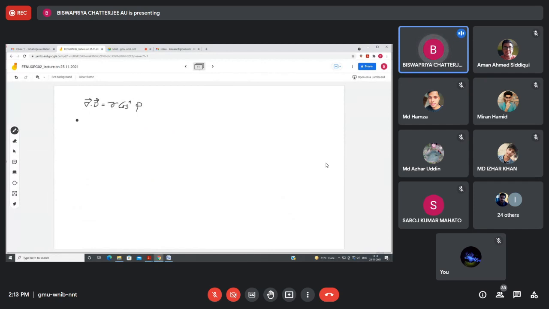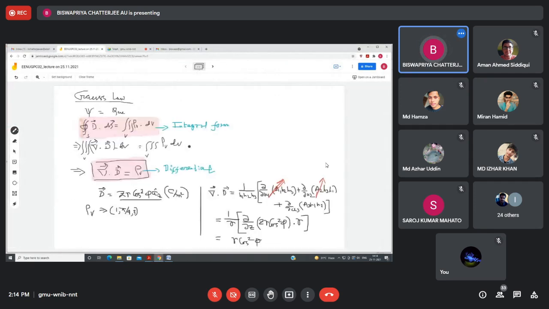So your rho v, which is equal to del dot D, is r cos square phi. Now you need to evaluate at this point 1, pi by 4, 3.